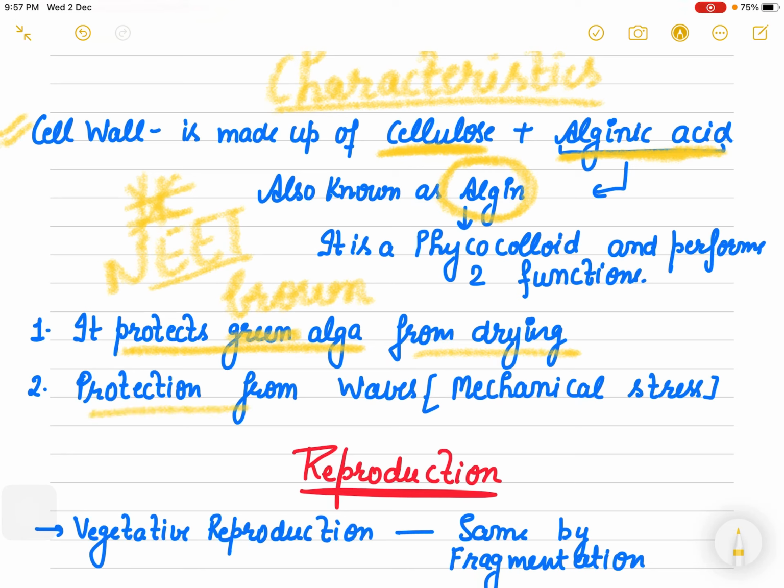And protection from the waves, because you know that they are mostly found in the sea. So वहाँ पे जब भी waves आती हैं, there is a mechanical stress. That mechanical stress is avoided by this algin. It is a gelatinous substance which provides protection to brown alga, right? Jelly-like substance, gelatinous substance which is a phycocolloid, and it performs these two main functions.